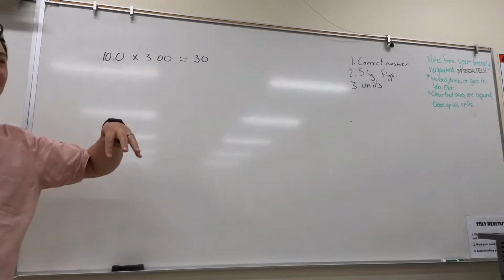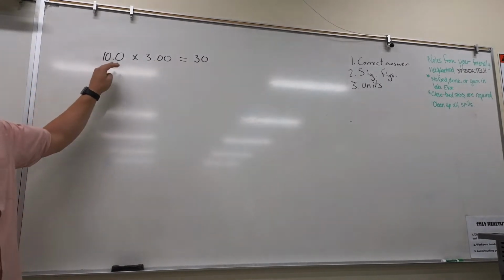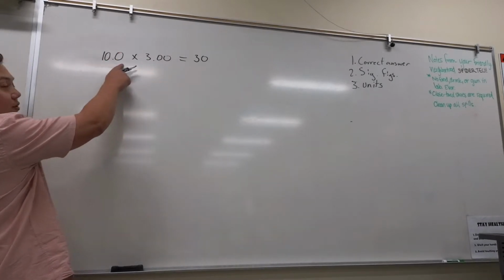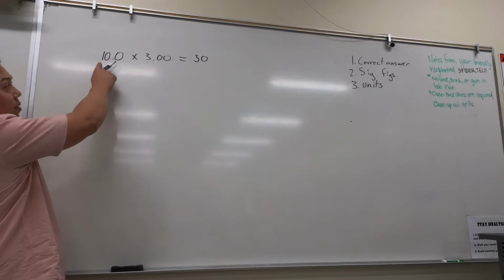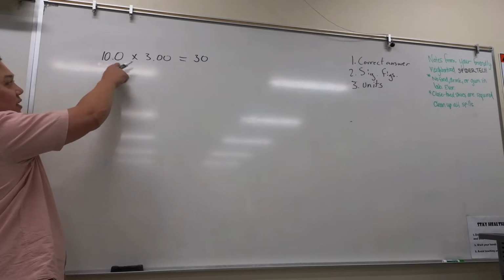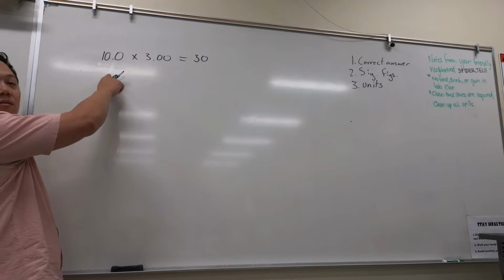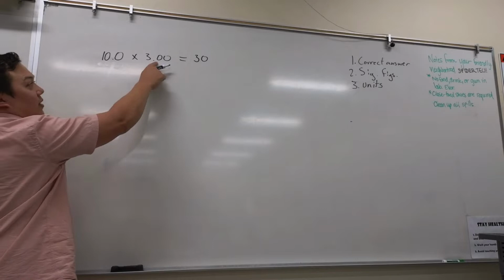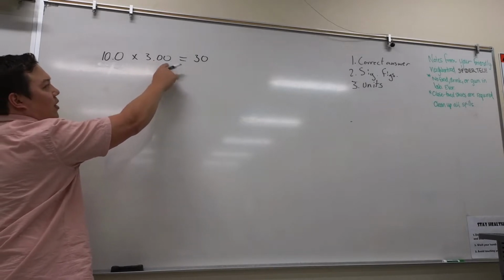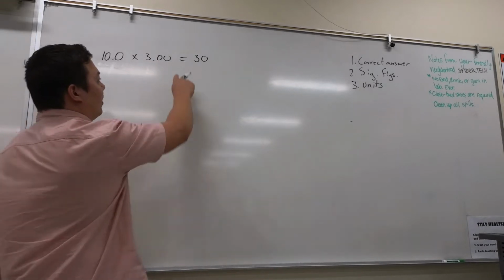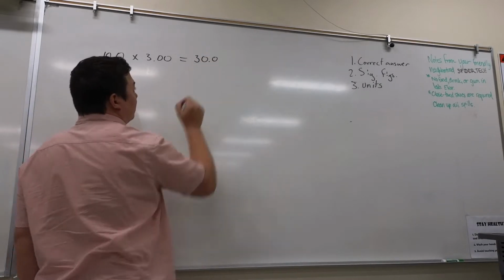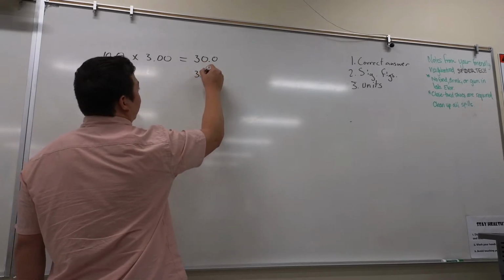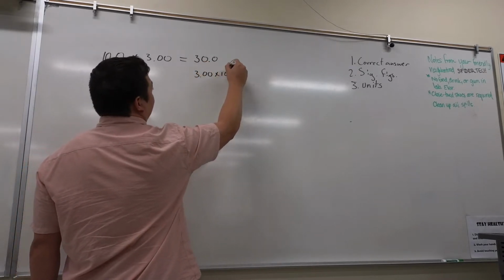So for multiplication or division, it's based on the smallest number of sig figs that you're multiplying or dividing. 10.0 has 3 sig figs because 1 is a non-zero number, and these are trailing zeros, and we have a written decimal point. 3.00 is 3 sig figs also, because of the written decimal point, non-zero number, and trailing zeros. So the answer should be 30.0. And then you should really convert this into scientific notation, so it would be 3.00 times 10 to the first.